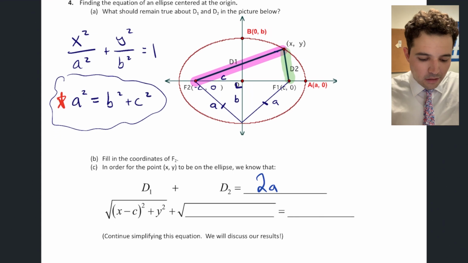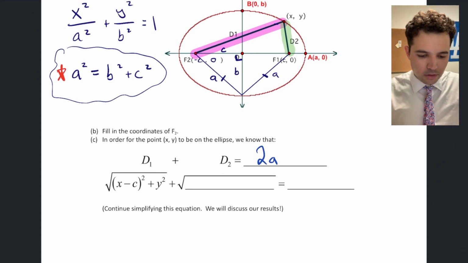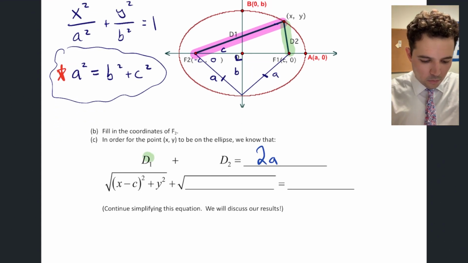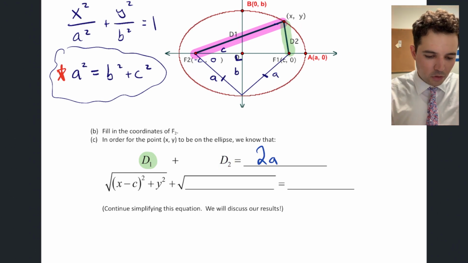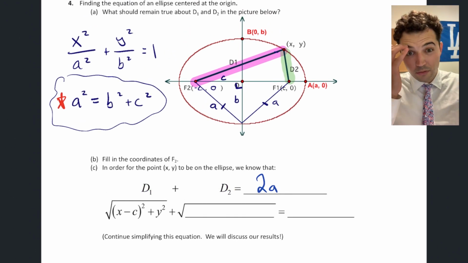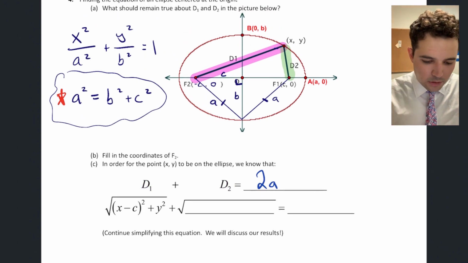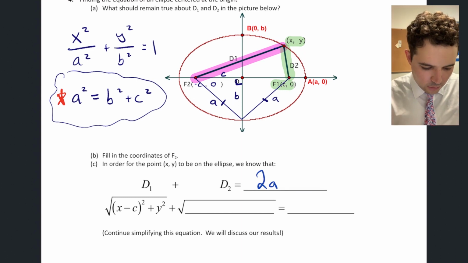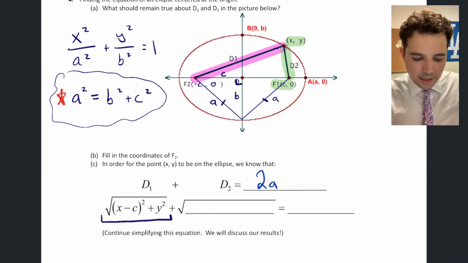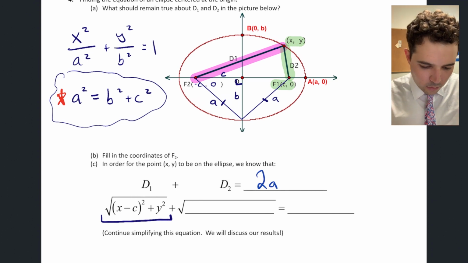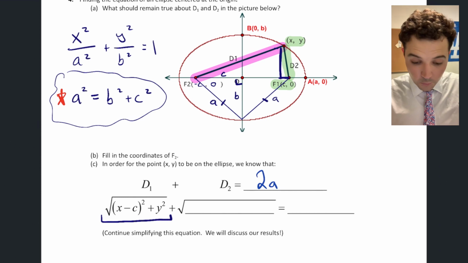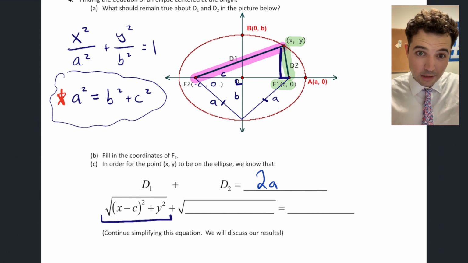So now let's look over here at d1 plus d2. I'm going to start here, but slowly turn this into our formula. So first, I'll find the distance between these 2 points, x, y, and our focus, c, 0. Now, that's already written out for you right here. X minus c squared gives us that horizontal length, and y minus 0 squared, or just y squared, gives us the vertical length.